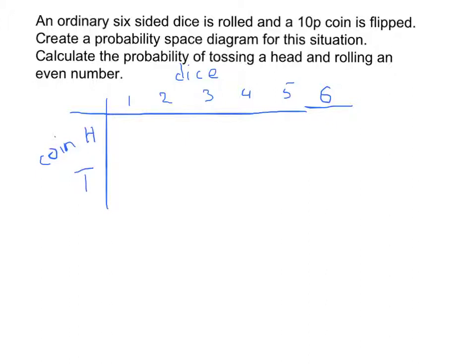The probability space diagram has to show all outcomes. So for instance, in this top left corner, I would fill in head 1. And then going along the row, they are all heads, but they are corresponding to a different number on the dice.